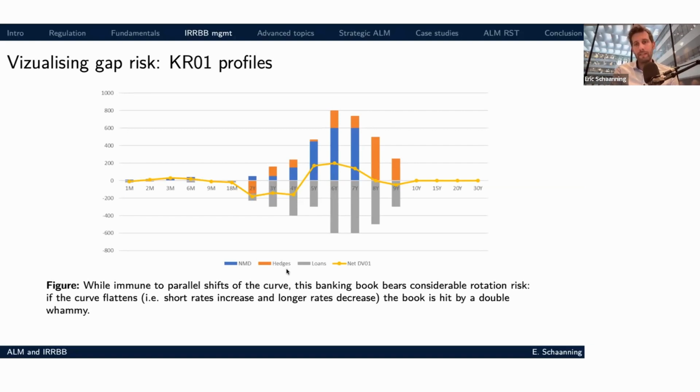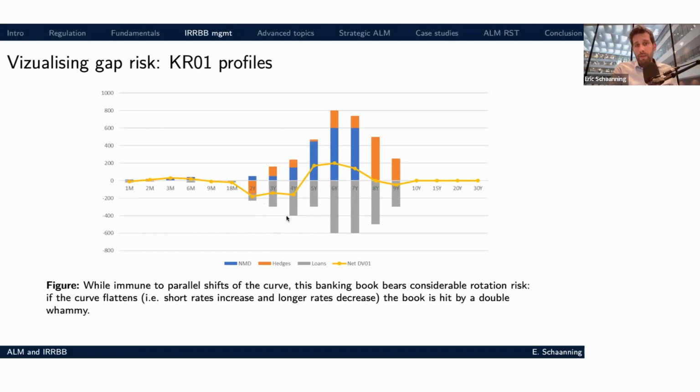But the bank here is sensitive to rotations, or yield curve risk as it's also sometimes called. Meaning if short rates increased, so rates between 2 and 4 years, and longer term rates decreased, so essentially you have a flattening of the yield curve where short term rates go up and longer term rates go down, the bank would get hit on two accounts because it loses economic value in the 2 to 4 year bucket, and it also loses from the rate decrease in the 5 to 7 year bucket.